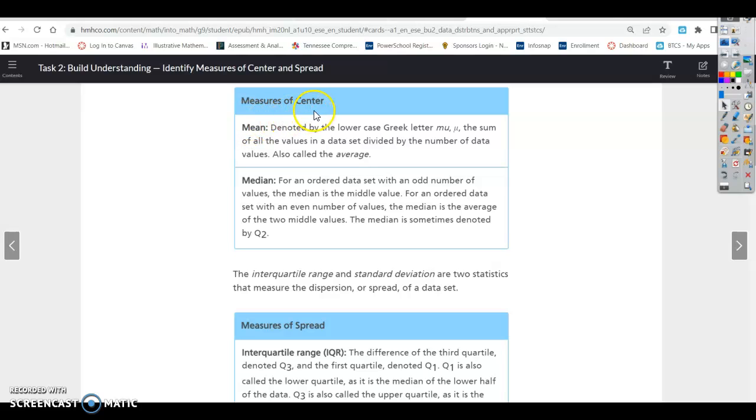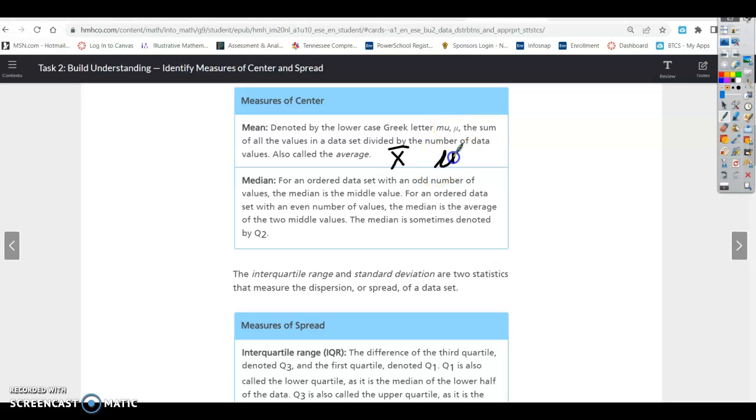So measures of center: your mean is denoted by a lowercase Greek letter mu. This is the symbol here. Make sure you know that. It is the sum of all the values in the data set divided by the number of data values. That's called your average. I'm going to show you another symbol, because on your calculator, if you have a TI-84, this denotes average: x with a bar over it.